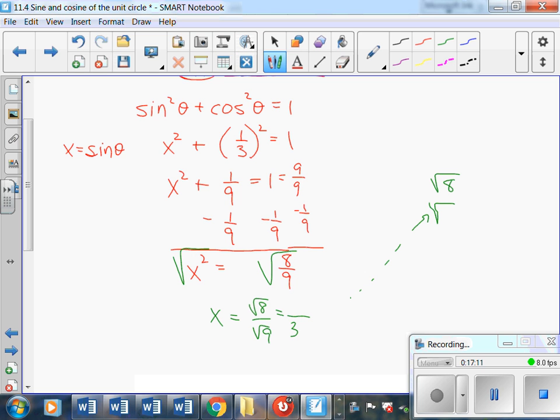We broke it into perfect squares and what was left over. So this is going to be 4 times 2, and the square root of 4 is 2, times the square root of 2. So I have to write this as 2 square root of 2 over 3. Make sure, again, you answer the question: sine theta is equal to 2 radical 2 over 3.